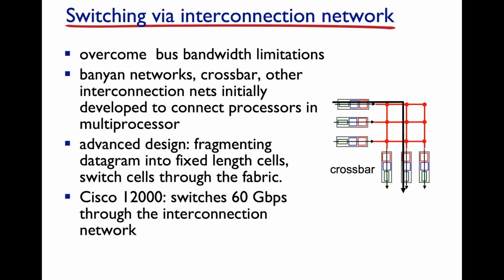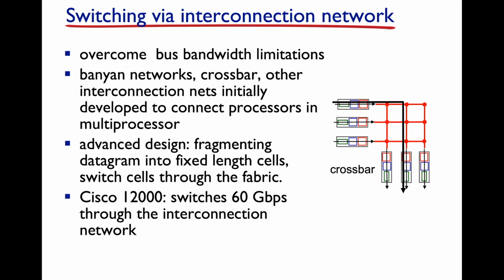Now, then there is a crossbar switch. Banyan Networks created the crossbar switch, or were a very popular computer networking company, and they were purchased by Cisco, and Banyan made something called Banyan Vines. I remember that. And so a Banyan crossbar switch is an interconnected network, and it originally connected different processors in a multiprocessor system.